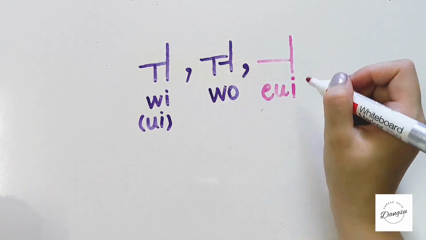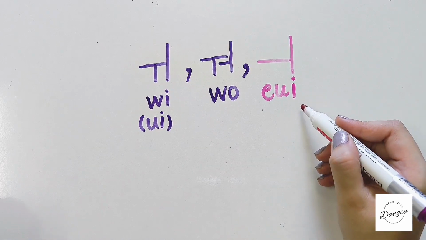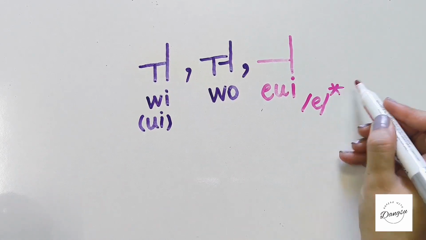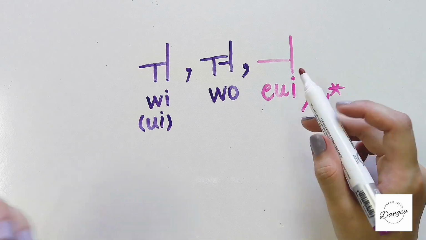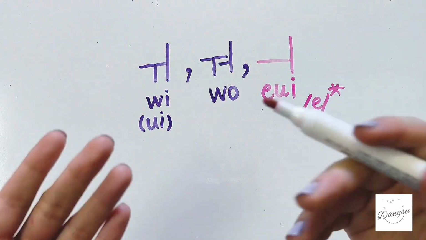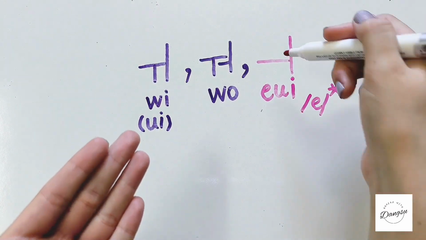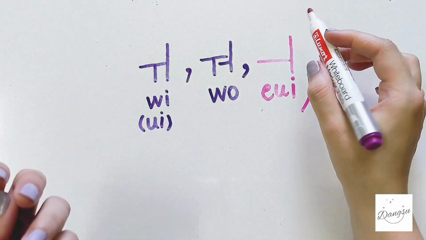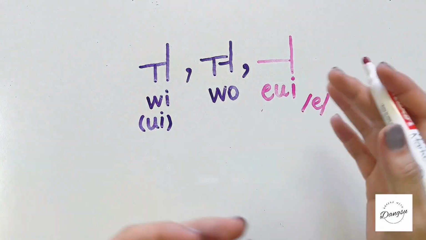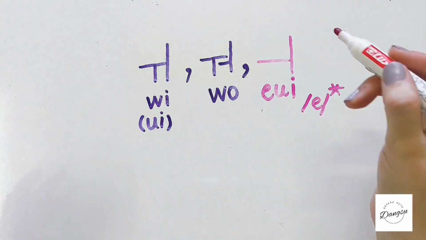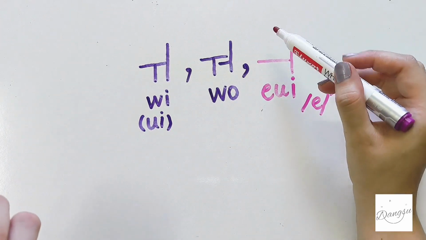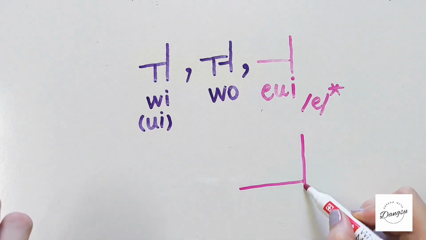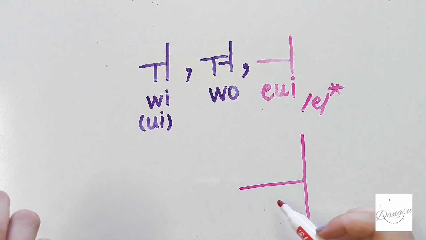It sometimes sounds like an e as well, but it's a very special sound. Sometimes, to make it easier to pronounce, instead of saying ui, they say e, like kue, his, like that. So it's a combination of ui and e. It makes an ui sound.